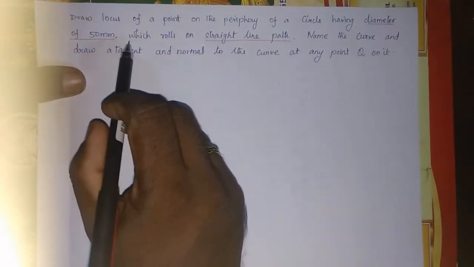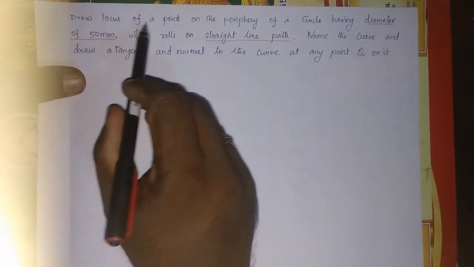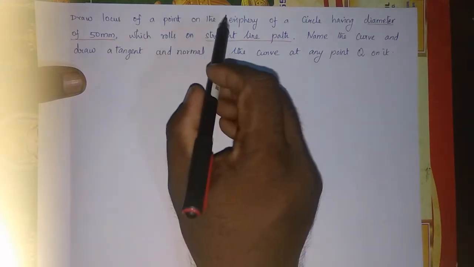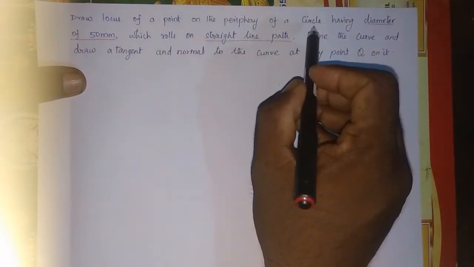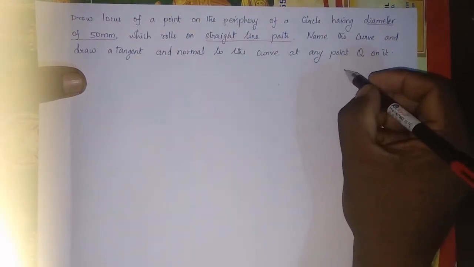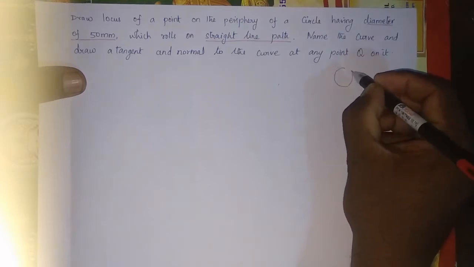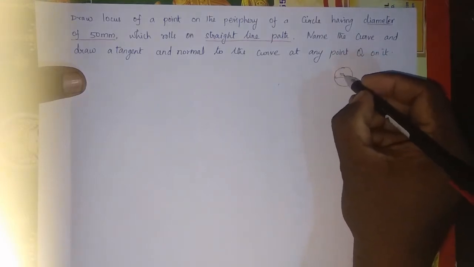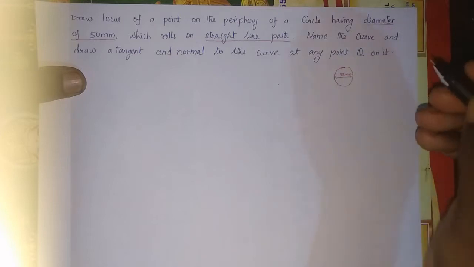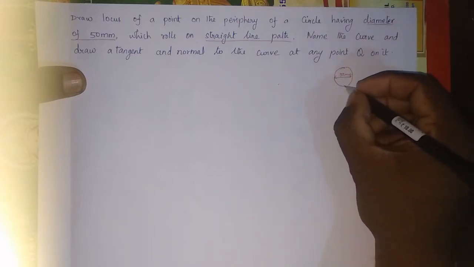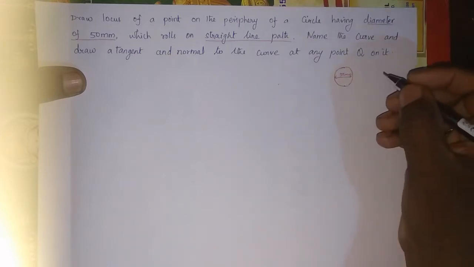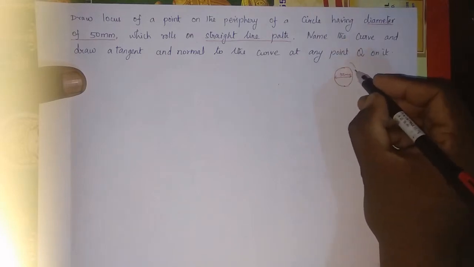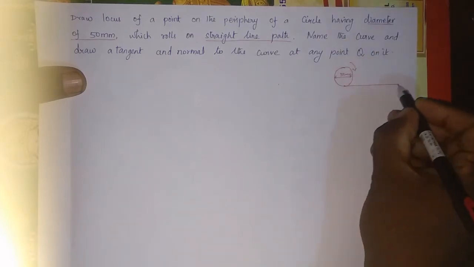So we need to draw a locus of a point on the periphery of the particular circle, which means there is a circle of diameter 50 mm. We are going to consider a point on the circle, which rolls on the straight line path.